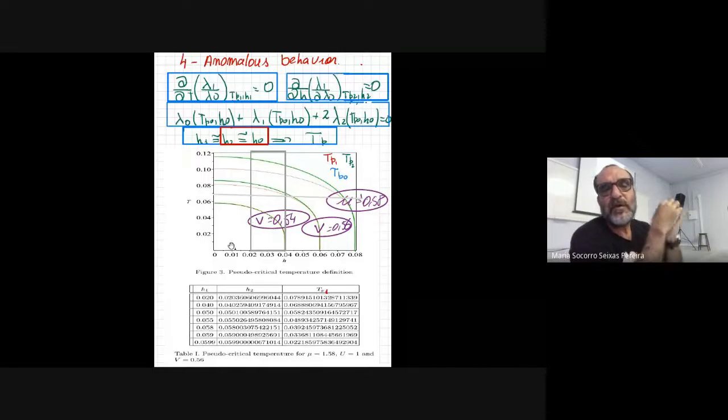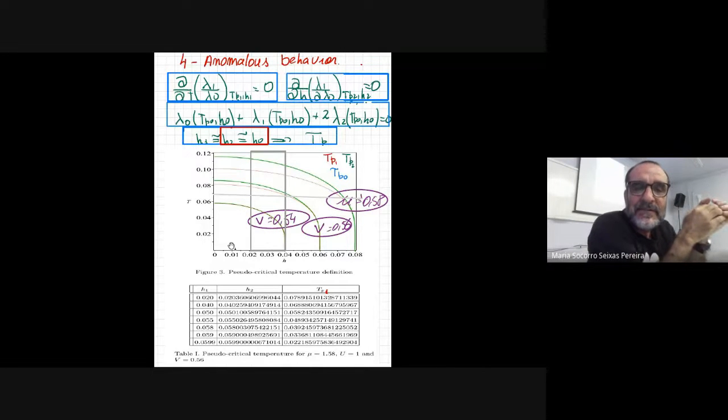Here we plot the pseudo-critical temperature as a function of magnetic field. Here we put V equal to 0.54. Here you have V equals 0.56.